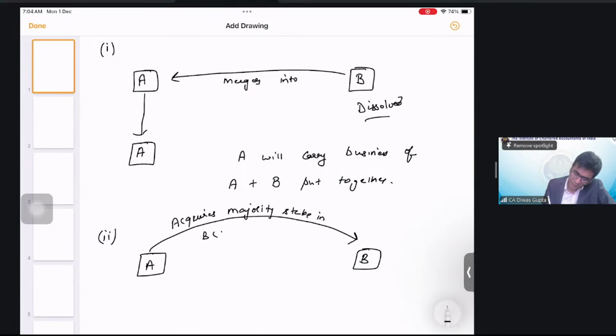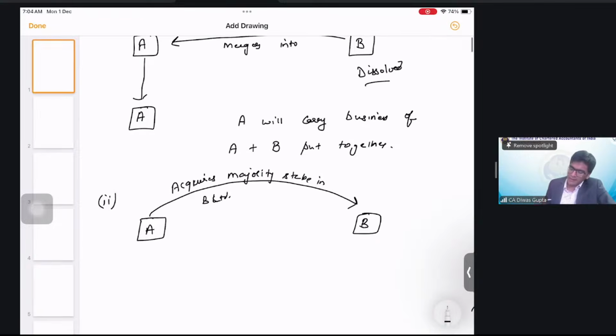And A is the holding company, and B will become its subsidiary company, correct?